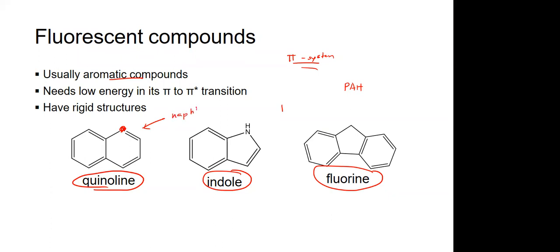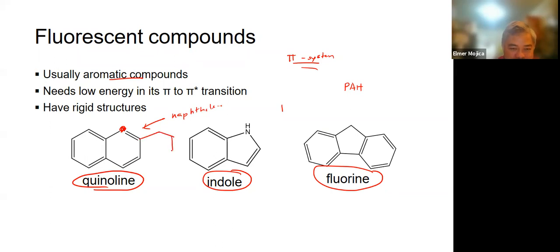Naphthalene po. Naphthalene. Okay. And then you can also have it like this. Okay. That's the anthracene. I'm not sure, is this anthracene? Because the other one would be, if I'm not mistaken, like this one. And both of them are fluorescent.